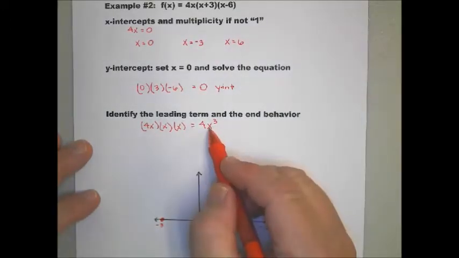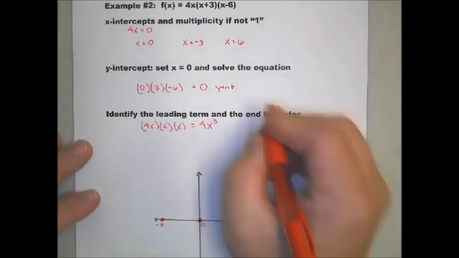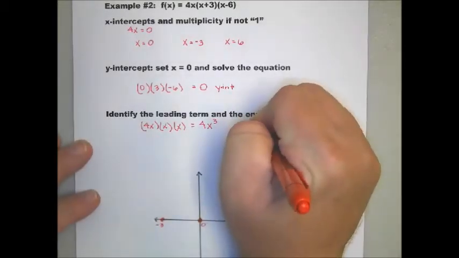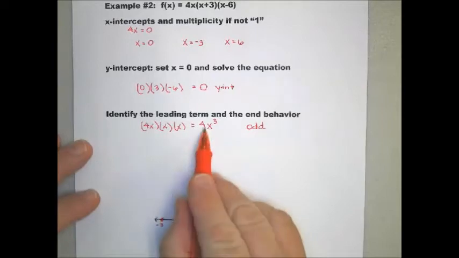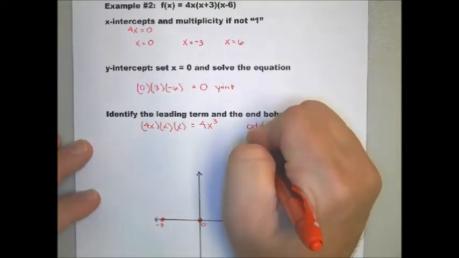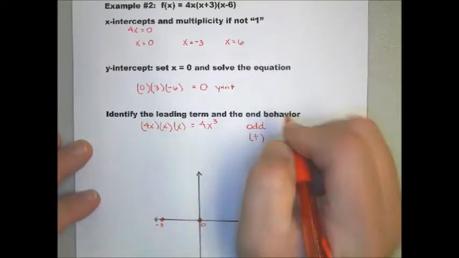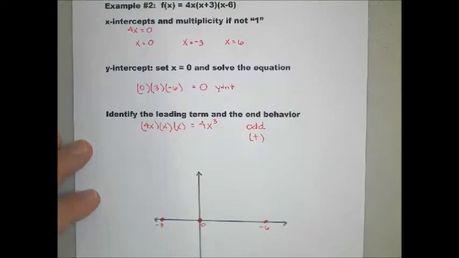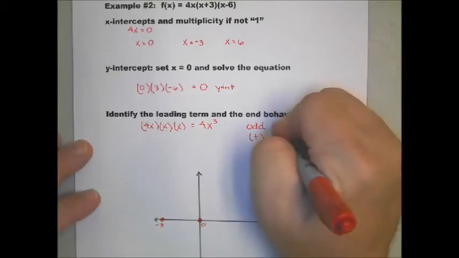Now, that tells us it's an odd degree polynomial, and the leading coefficient is positive. So odd positives have a certain characteristic, and that characteristic is they go from low to high.